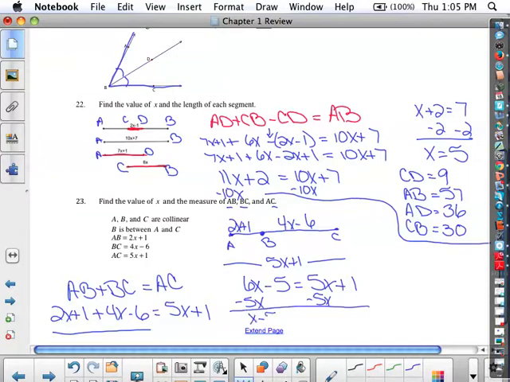So x minus 5 is equal to 1, and then I'll add 5 to both sides, and I'll get that x is equal to 6. Then I'll substitute that back in, and I will find the length of AB is equal to 13, BC is equal to 18, and AC is equal to 31.